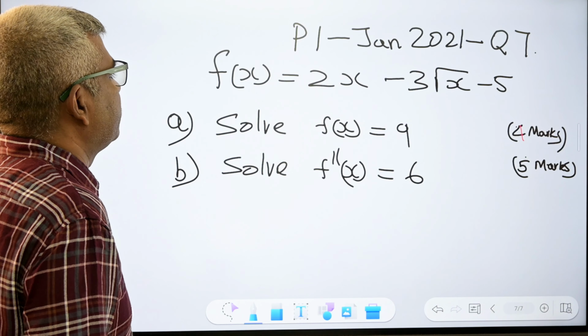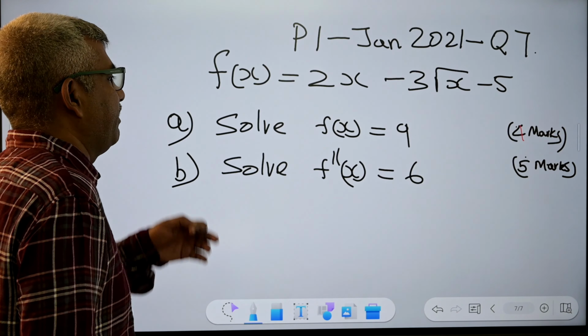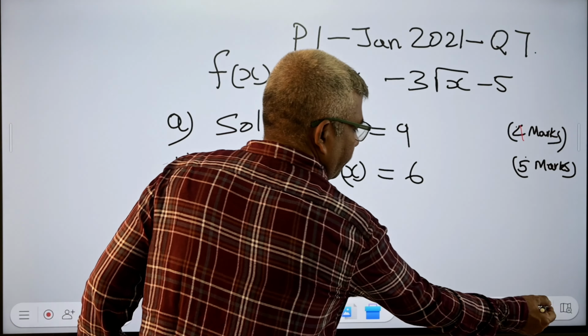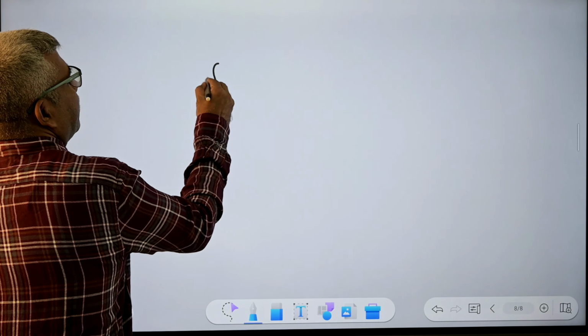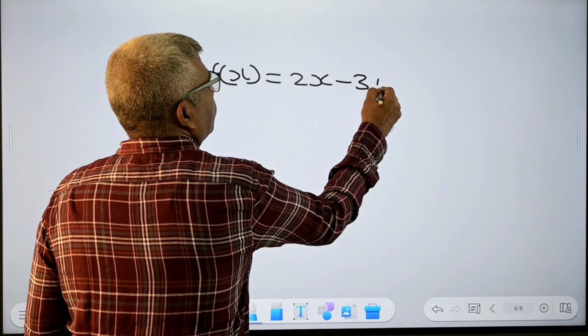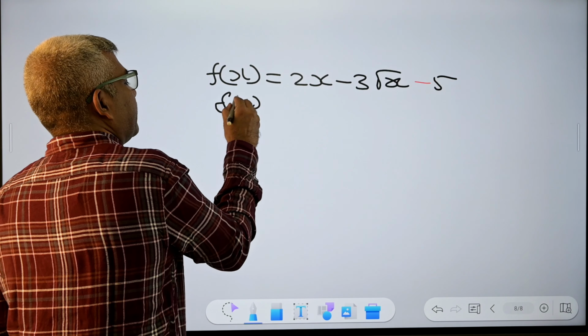f(x) is equal to 2x minus 3 root x minus 5, and f(x) is equal to 9.